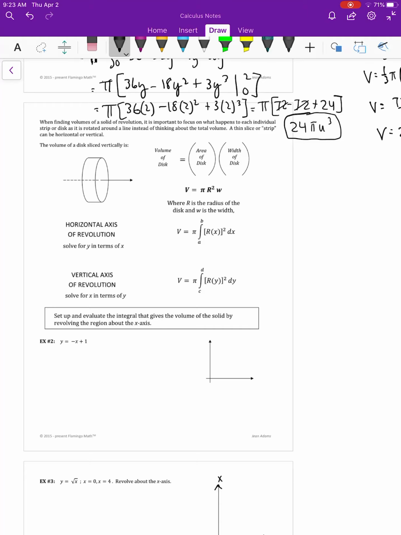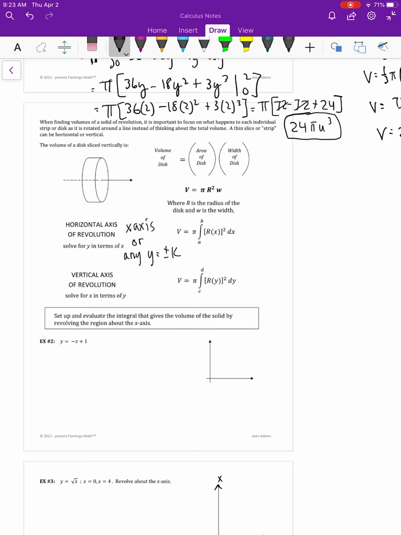So for a horizontal axis of revolution, we're going to solve in terms of x. So if we're revolving around the x-axis, that's horizontal, or any y equals plus or minus k, because sometimes they might say spin it about the line y equals 2, or spin it about the line y equals -1.